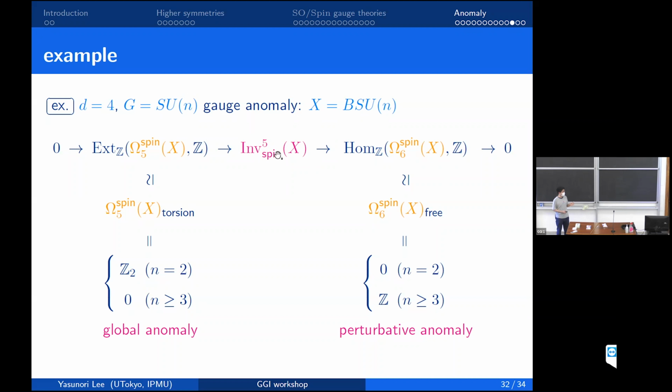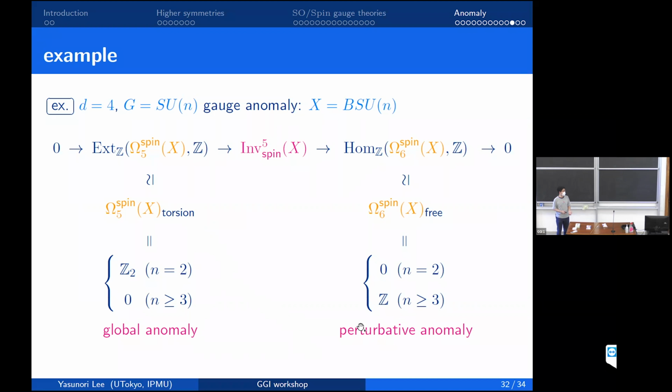So we should look at this group, which consists of these two Bordism groups, where X is what is called BSU(N), the classifying space of the gauge group SU(N), but you don't have to be precise about that anyway. In this case, you can compute these Bordism groups completely, and it turns out these are the results.